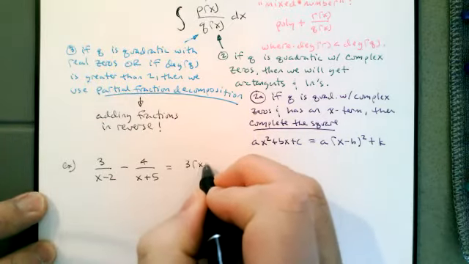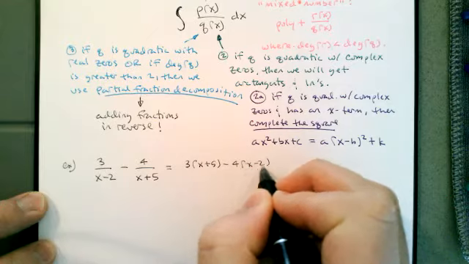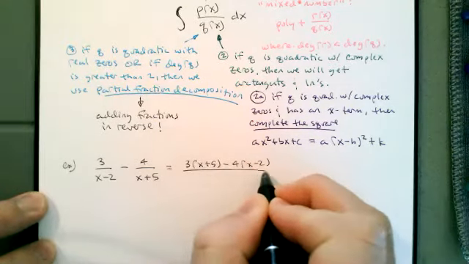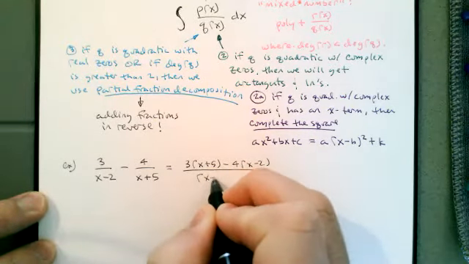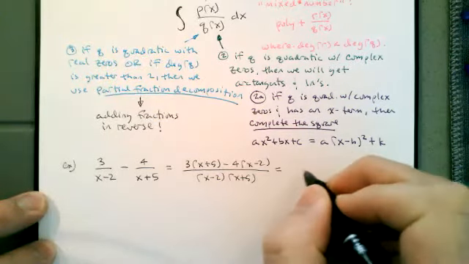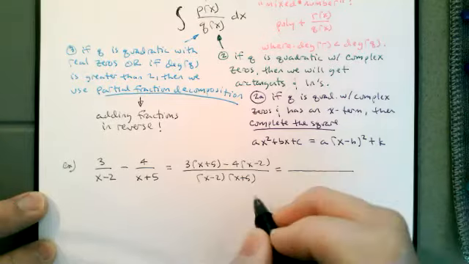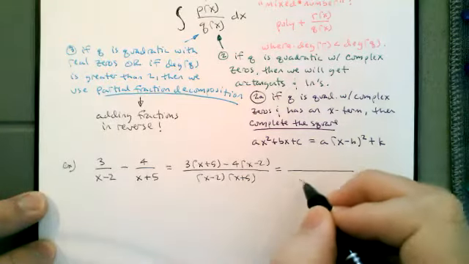So 3 times x plus 5 minus 4 times x minus 2, and we could pretend we're back in algebra, the good old days of algebra. I don't know if your algebra experience was good old days. It was not good old days for me. This is going to be x squared plus 3x minus 10.